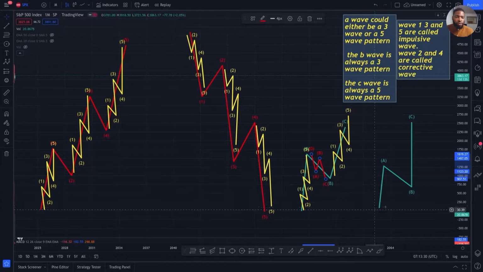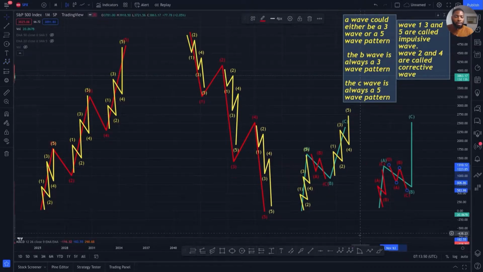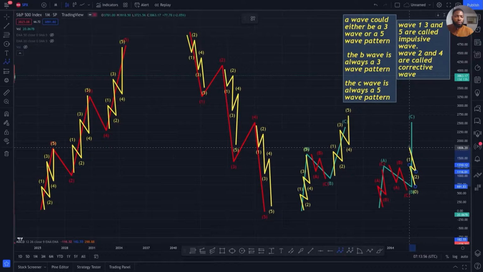The second way you can see the corrective wave is that the A wave is a 3-wave pattern. The B wave is always a 3-wave pattern. And the C wave is always a 5-wave pattern. It doesn't change.